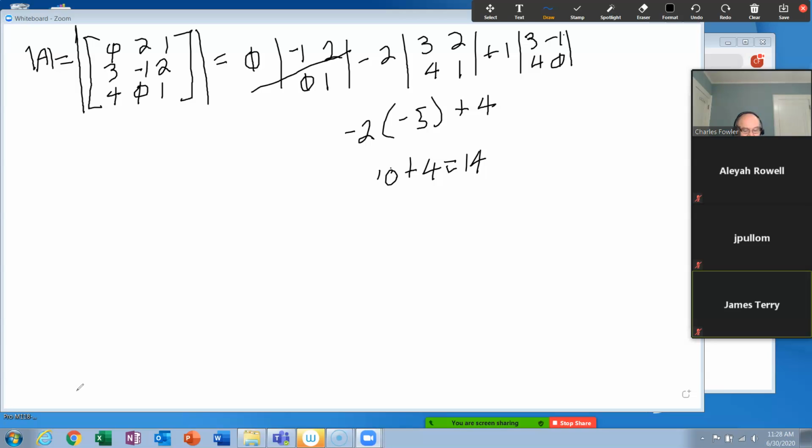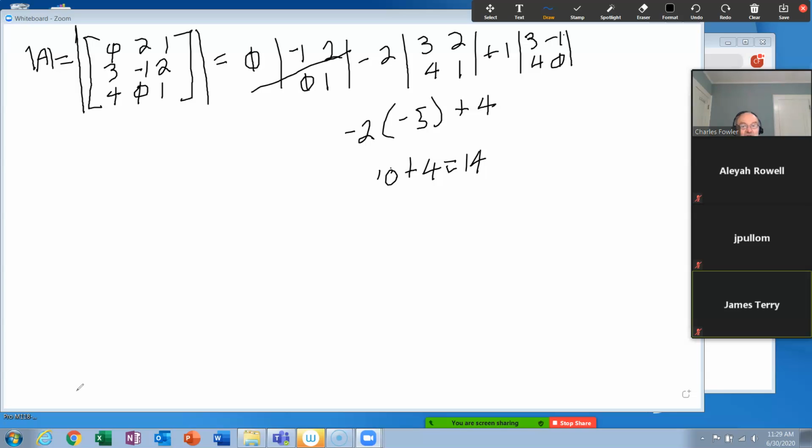Or, and here's where the big or comes in, you could do the summation of i equal 1 to n, because it's an n by n matrix, of aij cij, and that would be a1j times c1j plus a2j times c2j plus a3j times c3j, plus dot, dot, dot, all the way up to anj times cnj.